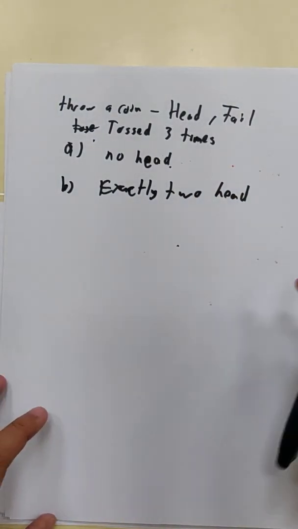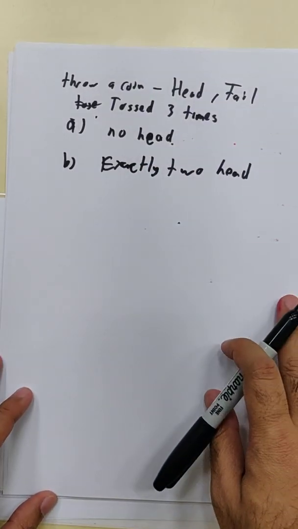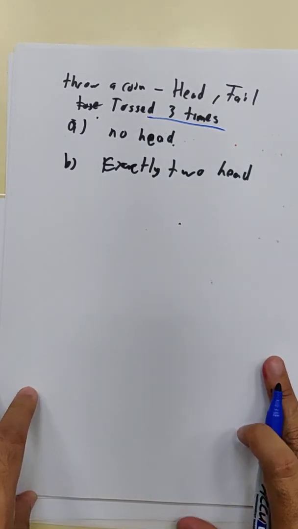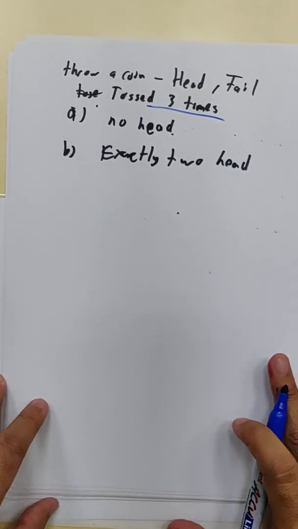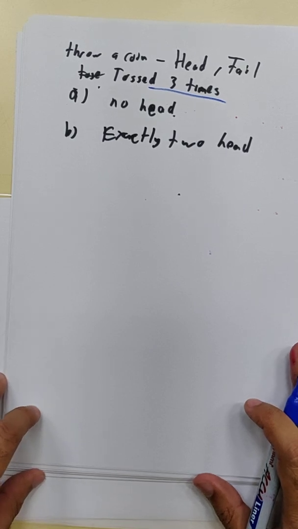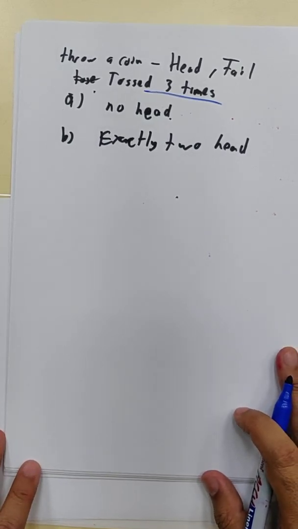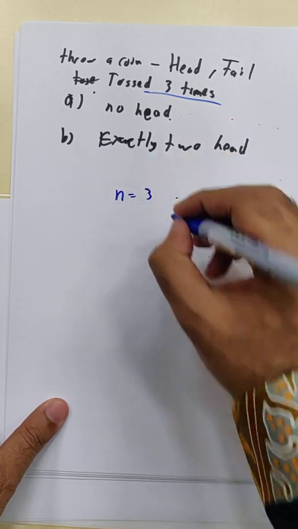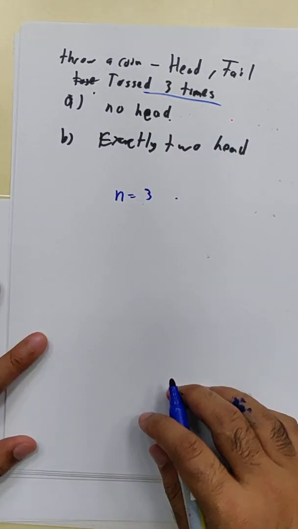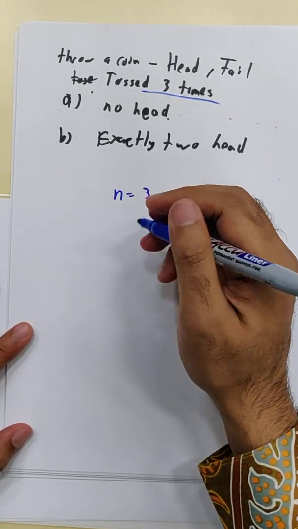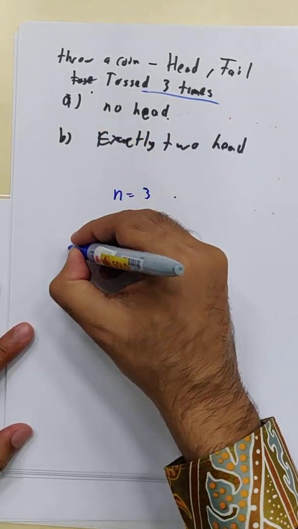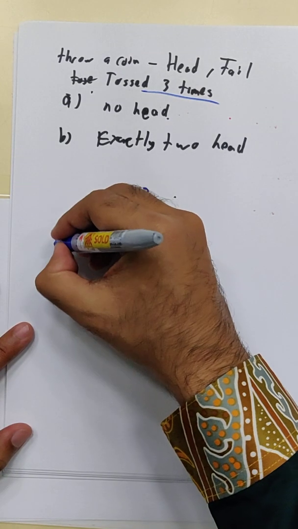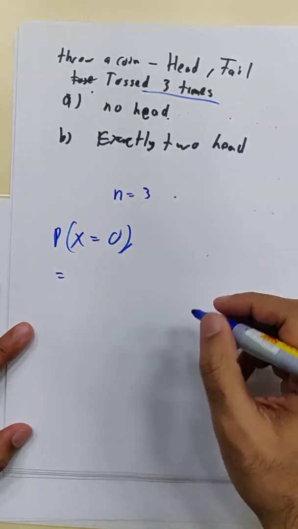Alright, so let's begin. If no head, what does it mean by toss 3 times here? In terms of formula, that's your n equals 3. So looking back at the question, no head means x equals 0. That's what they want. P(X=0).